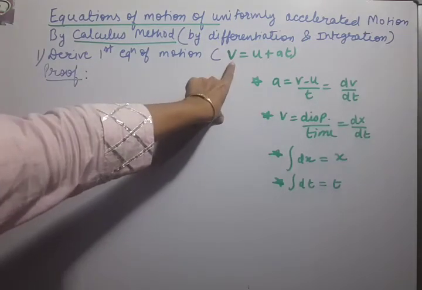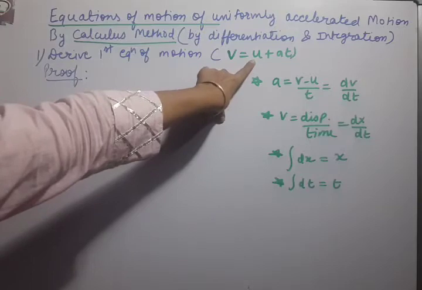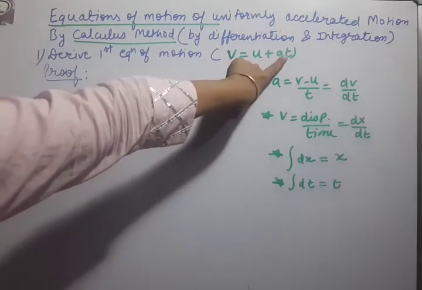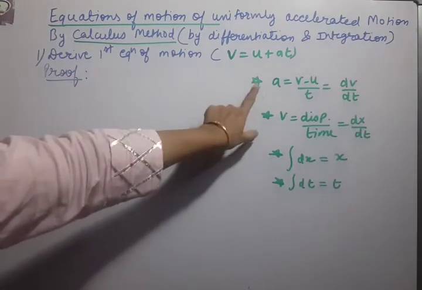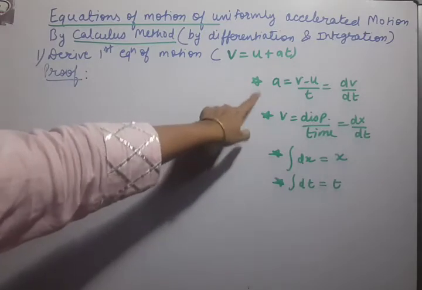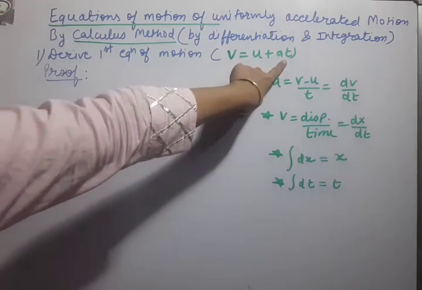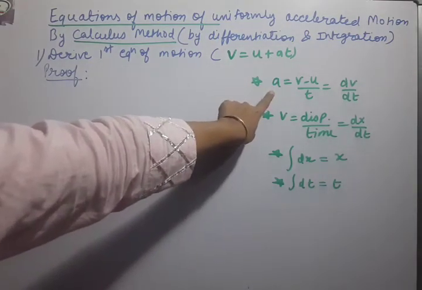That means in our final equation, v and u means velocity should appear, acceleration should appear, and time should appear. So we need, out of these two formulas, which formula we will be needing. So you can see in this equation, a is appearing, time is appearing, velocity is appearing. So formula number first we should start with.